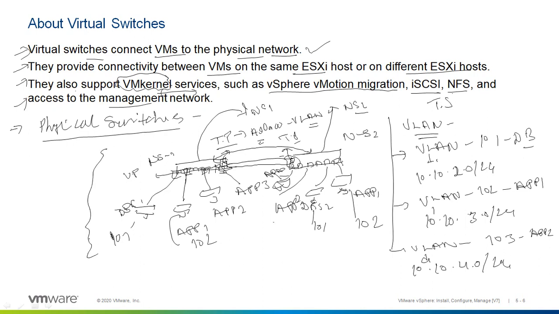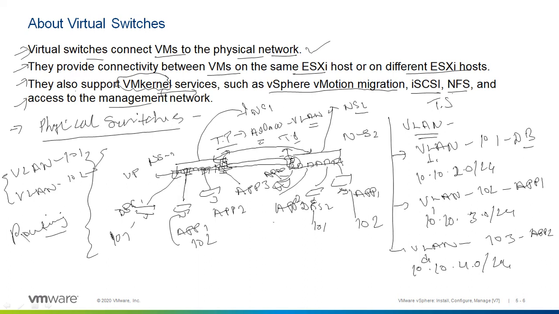But if we have an environment where we want communication between VLAN 101 and another VLAN, 102, and we want them to talk with each other over the network, then for that purpose we have to configure routing between these VLANs.